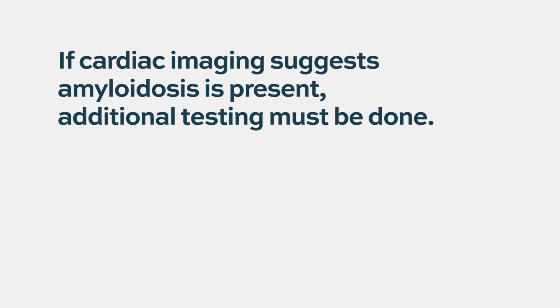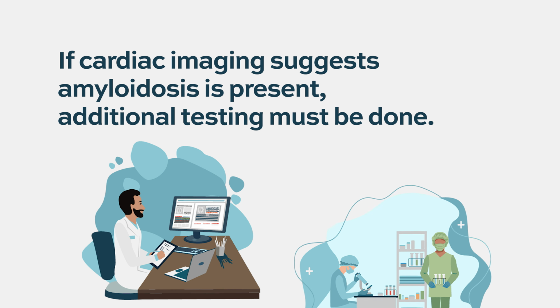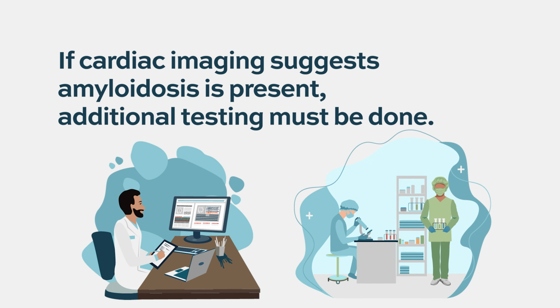The echocardiogram may also show that the heart is stiffer than usual, but that's not necessarily specific for amyloidosis, just suggestive. If those findings are present, it tells us that additional testing needs to be done.